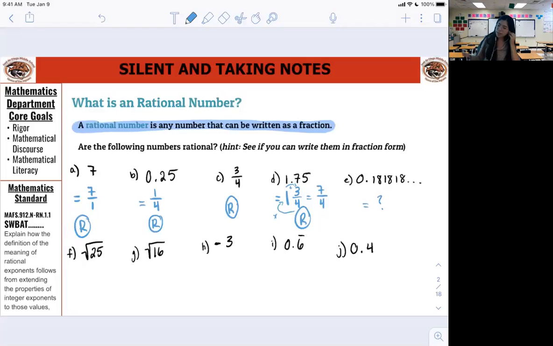Okay. Anyone found it yet? I did. What is it? 90,909 over 500,000, I think it looked like. You were close, but that one has a 0 in front of it. It's actually a much easier number than that.